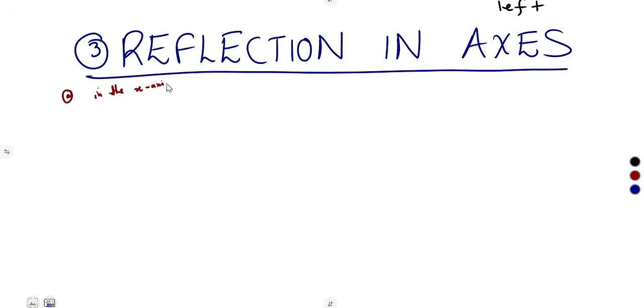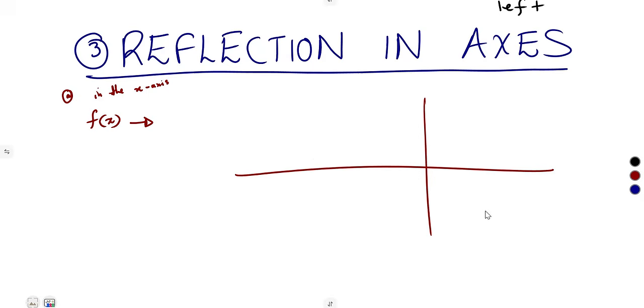In the x-axis, if you are given f of x, it is going to change. Along the x-axis, if your f of x was like this, we are going to see it on the other side, on the negative values.